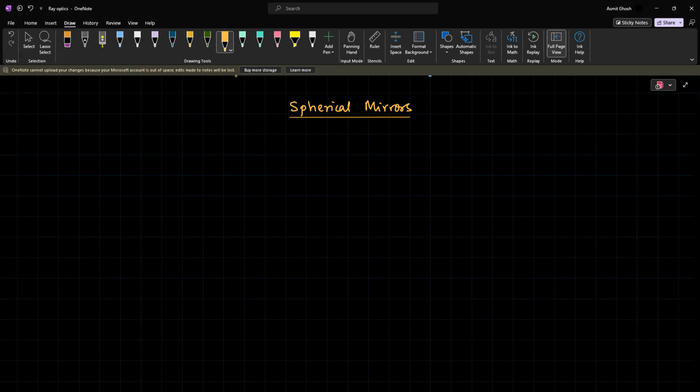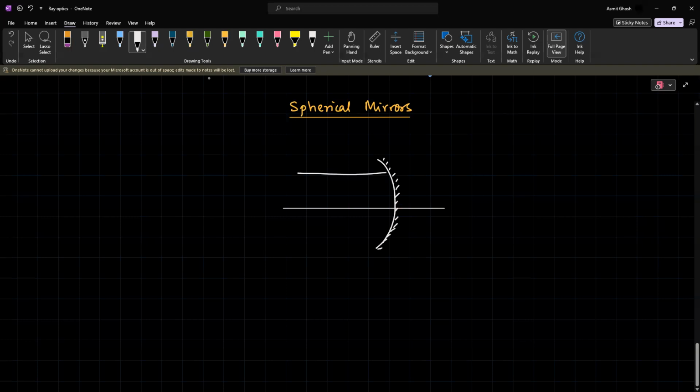For a spherical mirror like this, if the ray is parallel to the principal axis, then the ray meets at the focus, right?